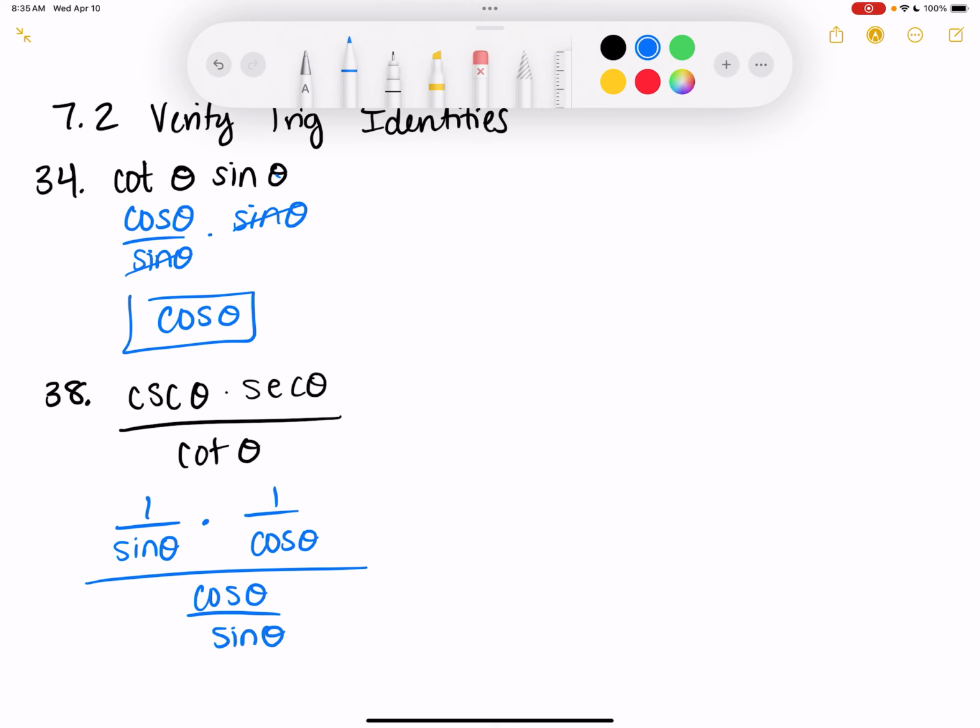So now I've got basically fractions and fractions. How do I normally deal with that when I've got the fraction on the bottom? When I divide by a fraction, what do I do? Keep, change, flip.